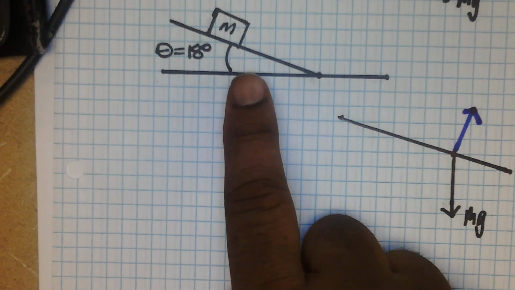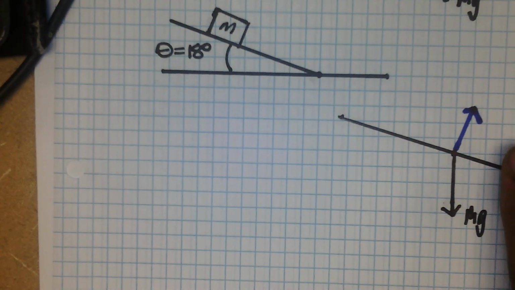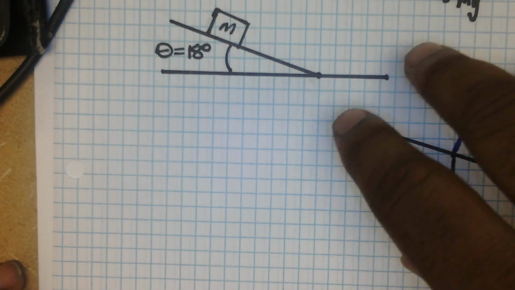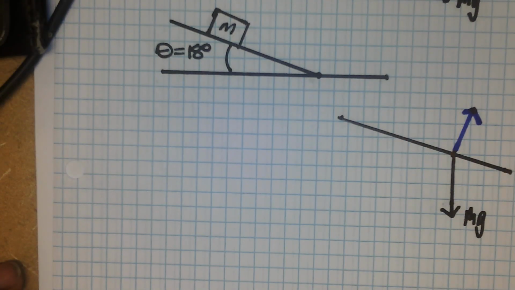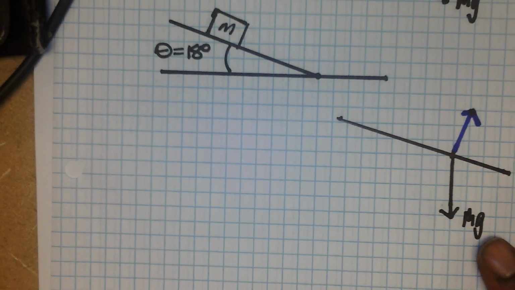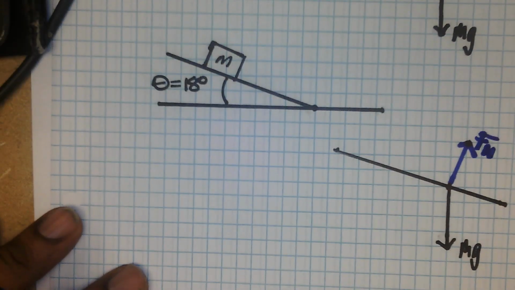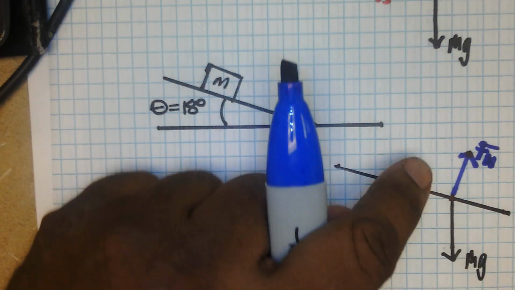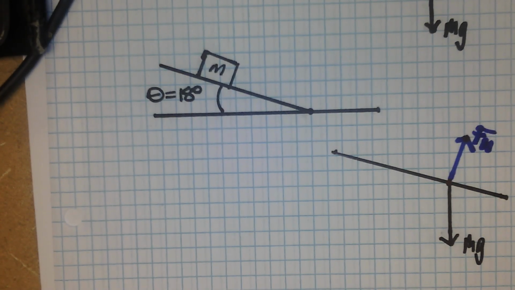And since the surface is offset by 18 degrees, the normal force has to be offset by 18 degrees. So what happened here is we turned the surface, the x-axis, 18 degrees. Now, we call this normal force, but noticeably, the normal force here and the normal force here on the inclined surface is not the same.